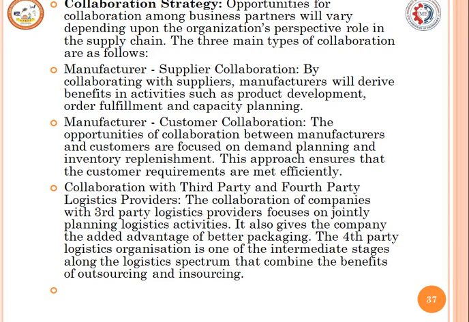First it tells about the collaboration strategy. In the collaboration strategy, there are three types of collaboration: manufacturer and customer collaboration, manufacturer and supplier collaboration, and collaboration with third-party and fourth-party logistics movers. So with all the people you have to collaborate, so that the product which was brought in as raw material, the finished product, must be able to reach the customer.